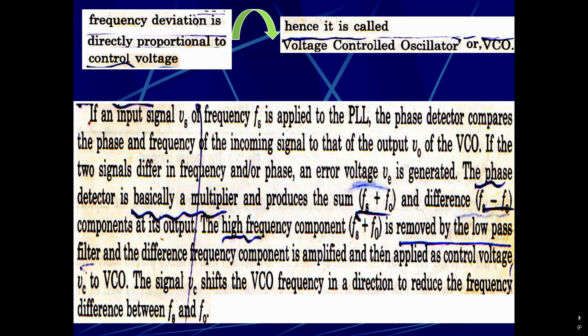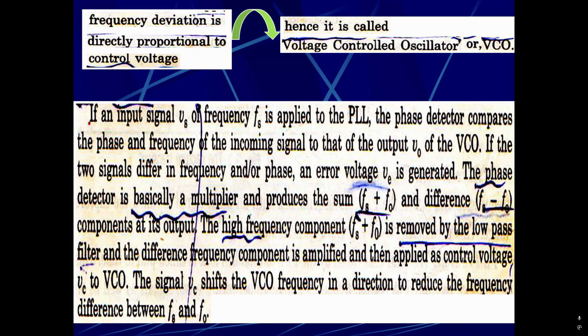The phase detector is basically a multiplier and produces the sum Fs plus F0 and difference Fs minus F0 components at its output. The high frequency component Fs plus F0 is removed by the low pass filter, and the difference frequency component is amplified and then applied as control voltage Vc to VCO.